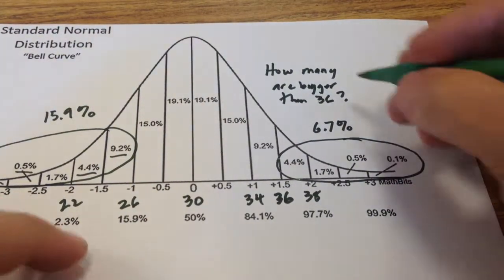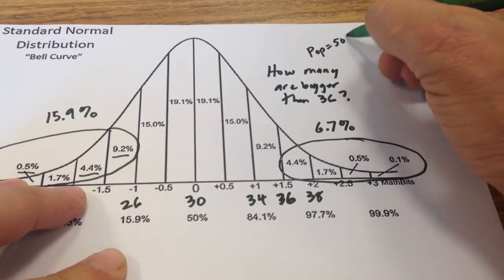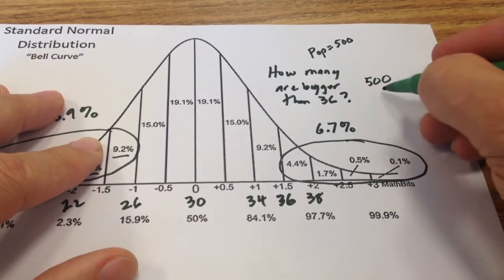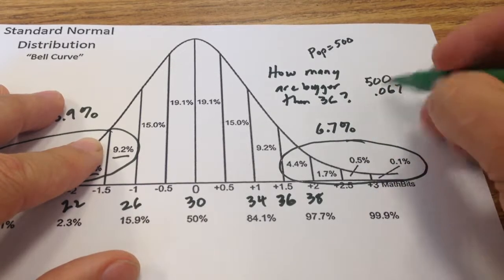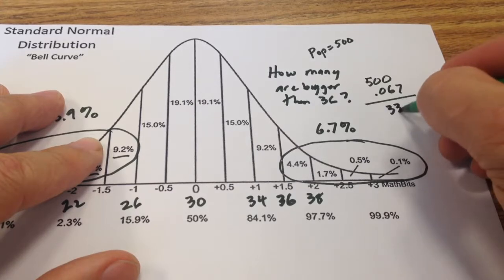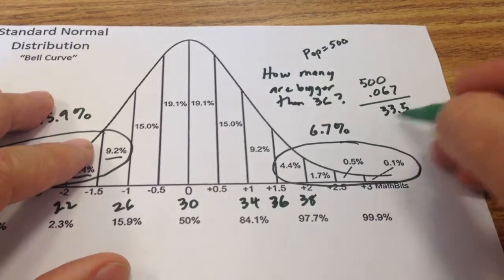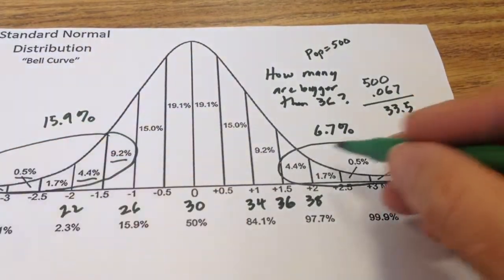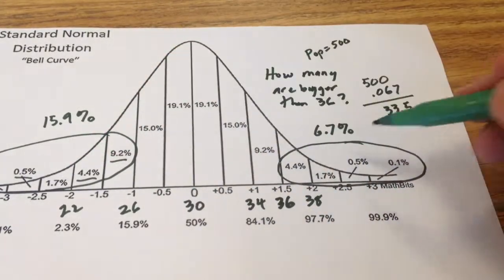What I have to do is actually say, well, how many? Our total population was 500, so I say 500 times 0.067, because I need to convert that to a decimal. I multiply that out, and I believe that's 33.5 because I've done this problem a couple times today. So about 33.5, and that makes sense because 10% would be 50. So about 33 to 34 fish I would expect up here out of my population of 500 if this is a normal distribution.